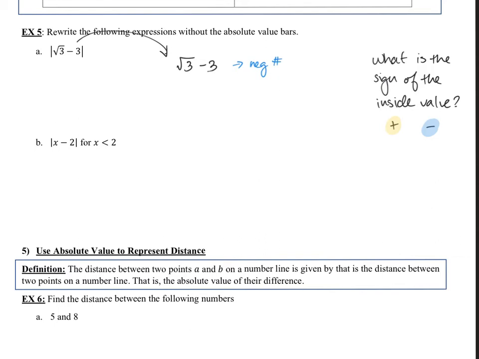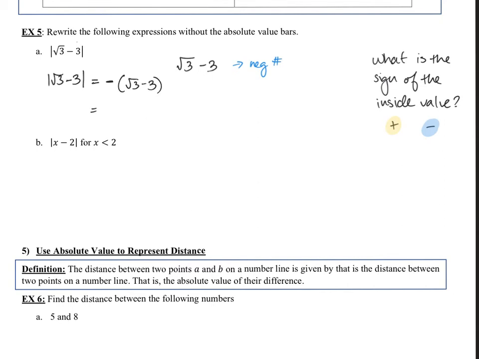Now what do we do with a negative attitude? You've got to change that attitude before you go outside. So to simplify our problem, let's drop those parentheses, but when we drop the parentheses, because we know the attitude on the inside was negative, we have to take the opposite of our inside value.